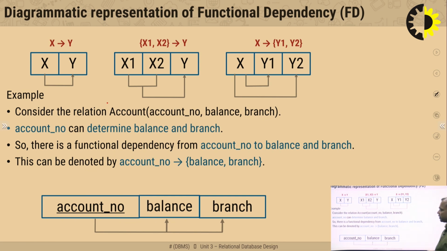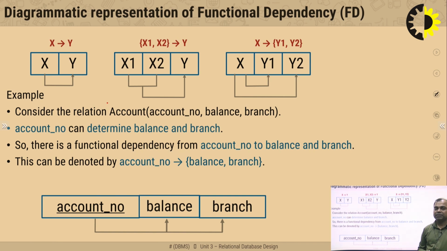We can consider a relation like account number, balance and branch. If we have the account number, then we can easily find the balance and branch. With the help of this example we can understand how attributes of a database functionally depend on other attributes. Here balance and branch can be determined with the help of account number only.